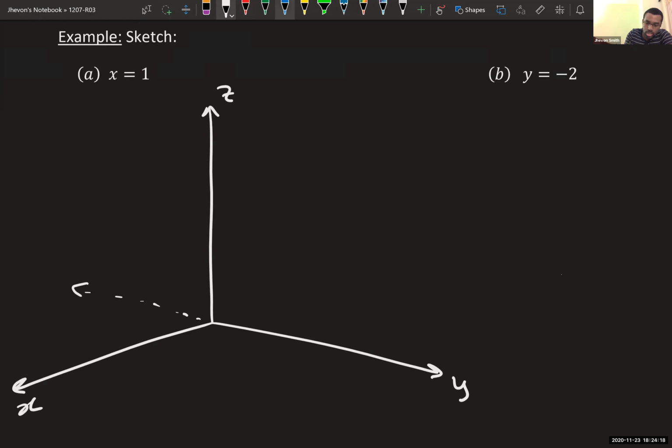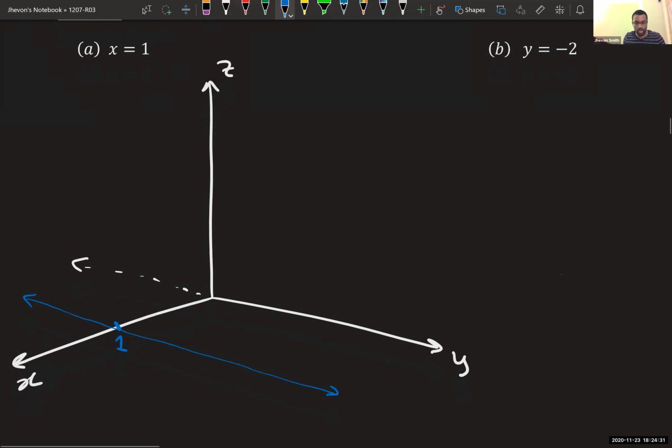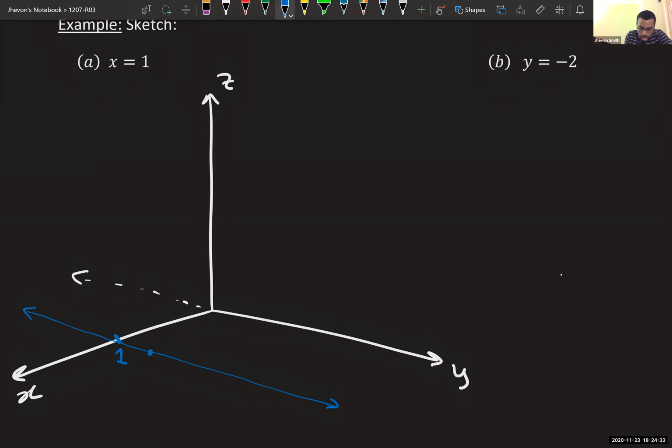So x equals 1 was just this line that you guys knew about that was in the xy plane, and for what you thought, was vertical, meaning it was running parallel to the y-axis, right? And any coordinate that you picked on here, the x coordinate was actually 1. But here's something else that you'll notice.